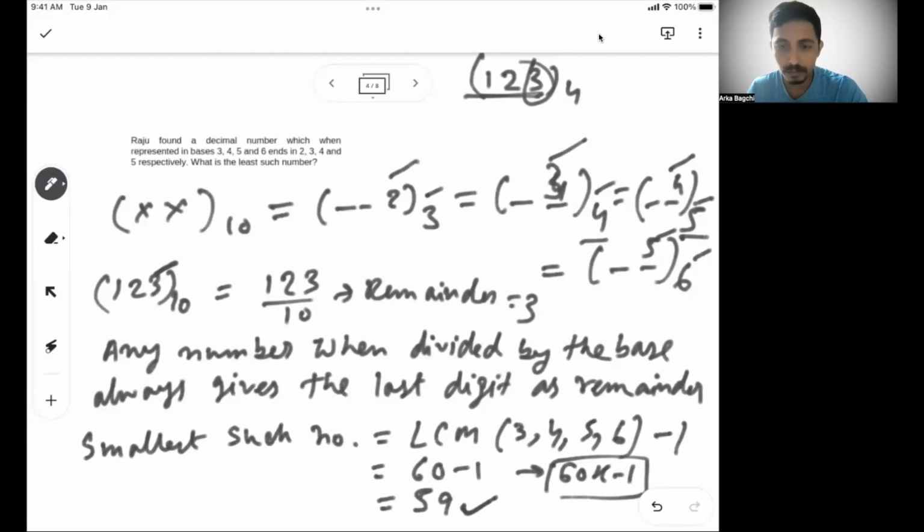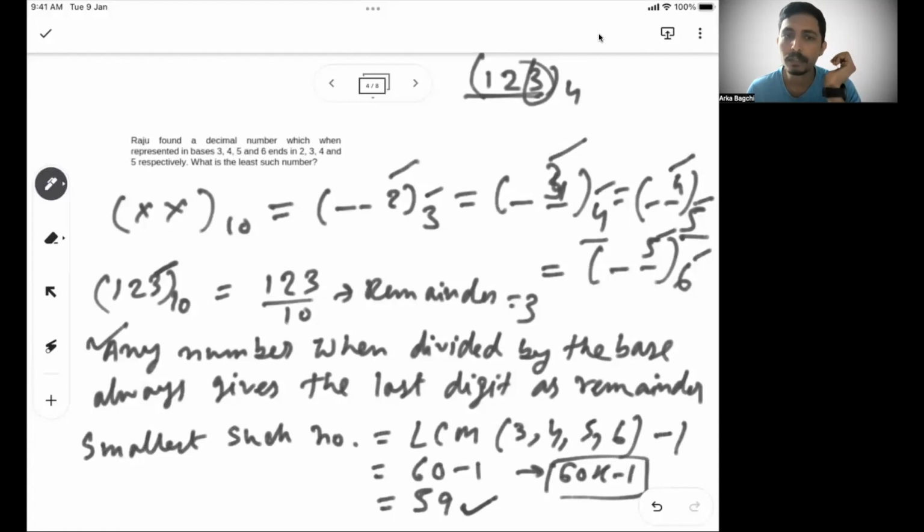The idea here is there are two very important things we covered in this topic. Whenever in any base system you divide the number by the base value, you will get the last digit. So that we learned here.